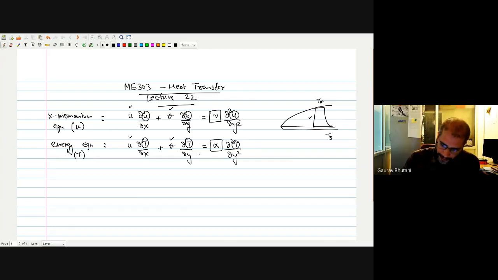So from this, we realized that this quantity, which is the ratio of nu and alpha, which we call the Prandtl number, is extremely important. In fact, this quantity will tell us how fast or slow the momentum and the thermal boundary layers grow with respect to each other.